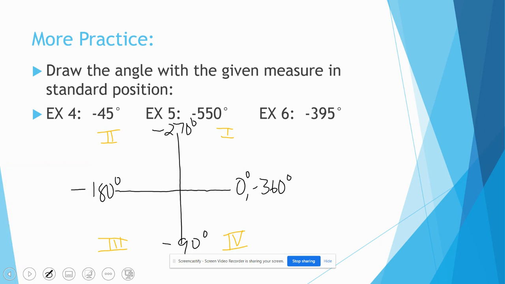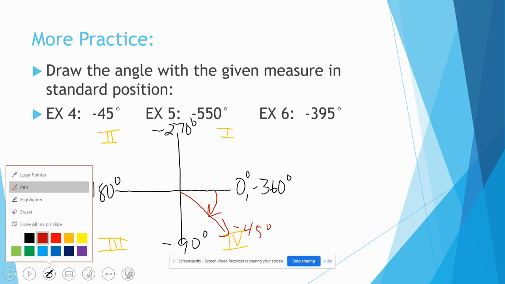So negative 45 degrees is between 0 and negative 90, about right here. Still starting at the 0 degrees for our initial side, going clockwise or down to start for negative 45 degrees, pausing in quadrant 4 for that terminal side.